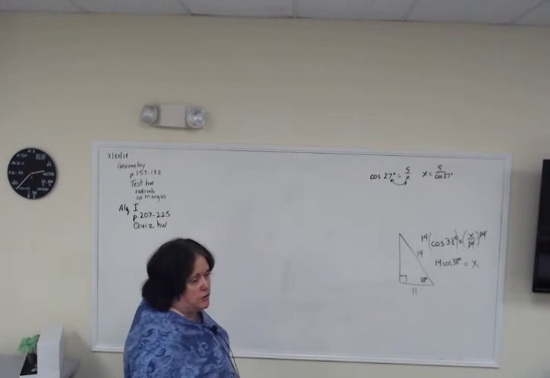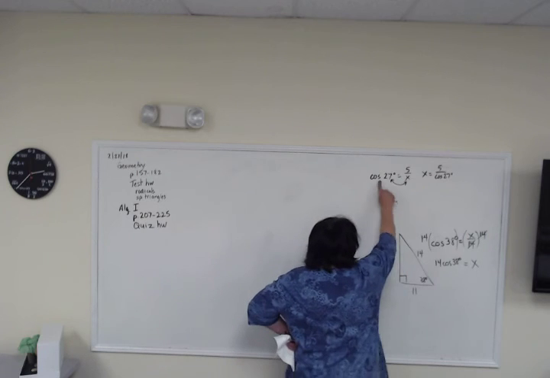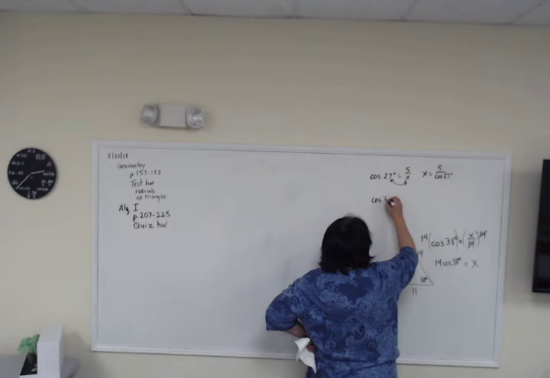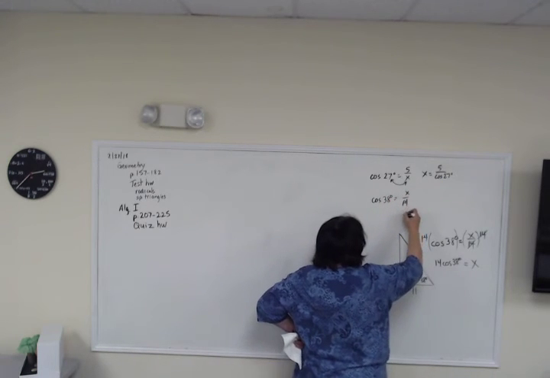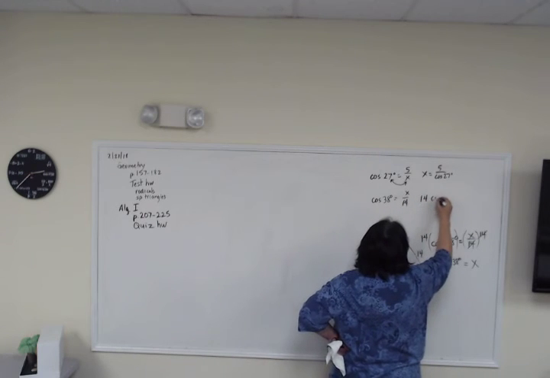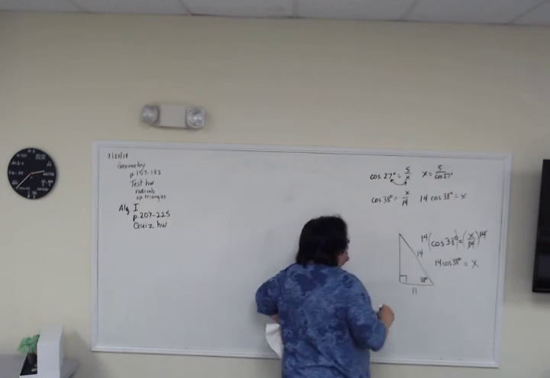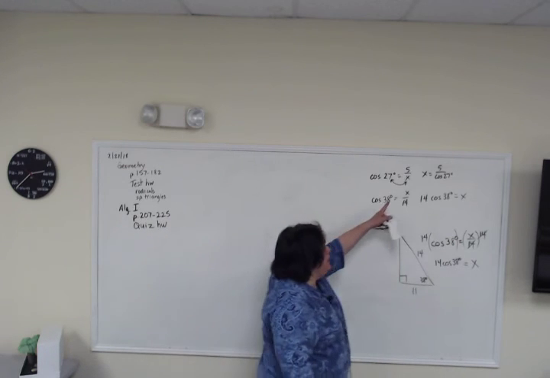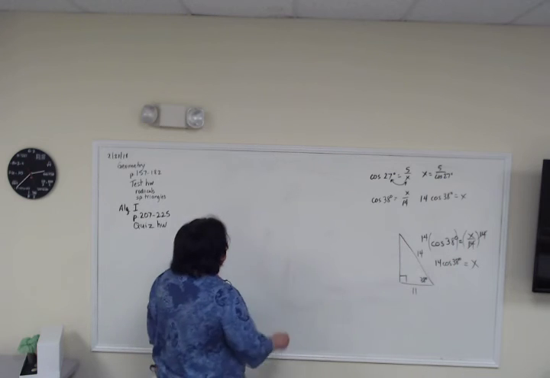The shortcut is I switch these two. When I have, say, cosine of 38 degrees equals x over 14, then I multiply both sides, so it's 14 cosine 38 degrees equals x. So when the x is in the numerator, I just multiply both sides by the denominator.